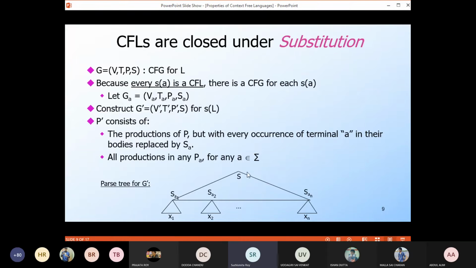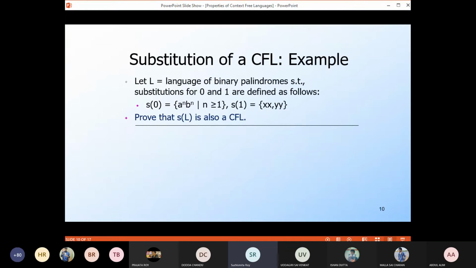But the total thing is still a valid parse tree for a context-free language. So by this construction, you can prove that substitution also produces a context-free language if the substituting languages themselves are context-free.